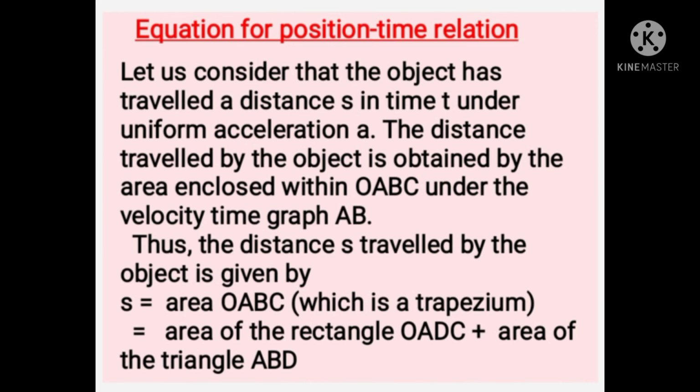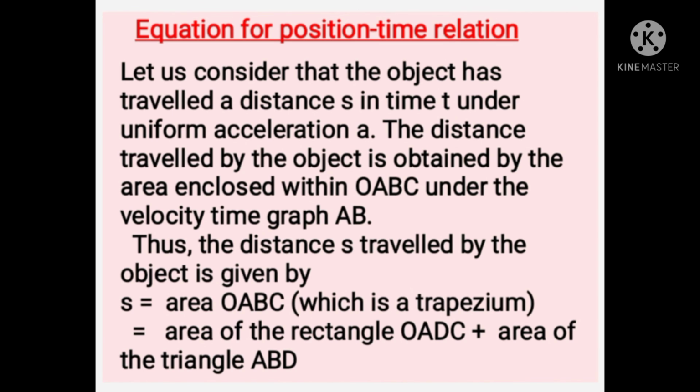Next we are going to derive the equation for position time relation. Let us consider that the object has traveled a distance s in time t under uniform acceleration a. The distance travelled by the object is obtained by the area enclosed within OABC under the velocity time graph AB. Here OABC is a trapezium.